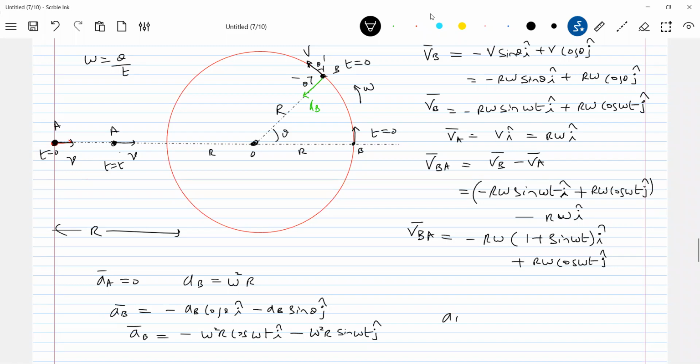Now what is the acceleration of B relative to A? It should be equal to only this AB bar.